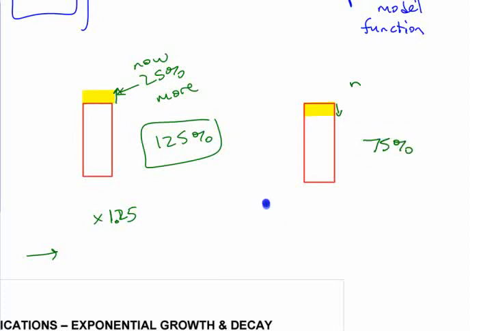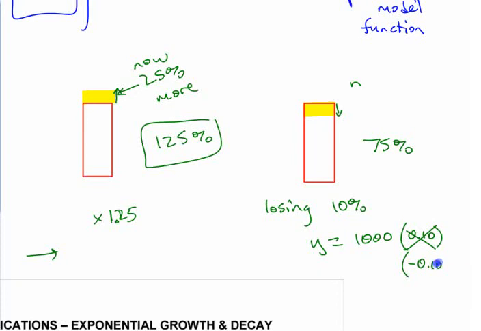If something says you're losing 10% per year, if it's the population of a town going down, you're losing 10% per year. When you set up your function, let's say you started with 1,000 people, you don't put in 10%. You don't put 0.10. You don't put in negative 0.10.